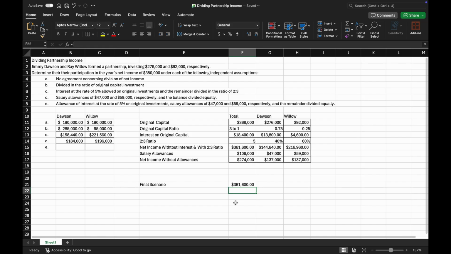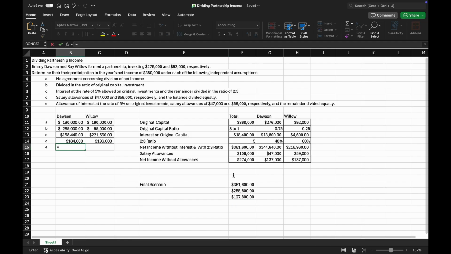Next, we must take out the salary allowances. $361,600 minus $106,000 comes out to $255,600. $255,600 divided by 2 equals $127,800.